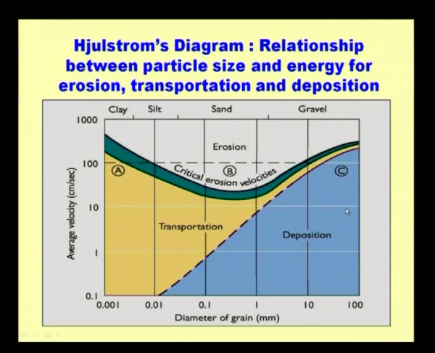And so, this diagram is clearly showing that there is a relationship between the particle size and the energy for erosion, transportation and deposition, and depending upon their size, different types of material are eroded at different rates.